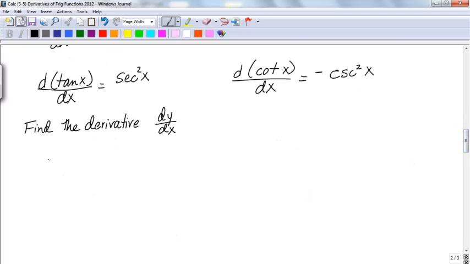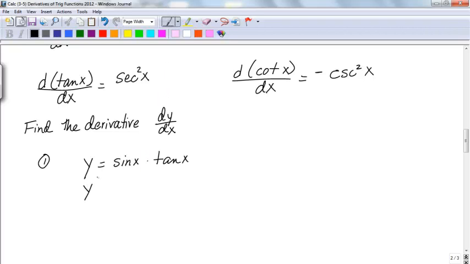Okay, let's look at an example. Say they give you the problem y equals sine x times tangent x. Now, what you have to look at is if they are multiplying. If they're multiplying, then it's the product rule.